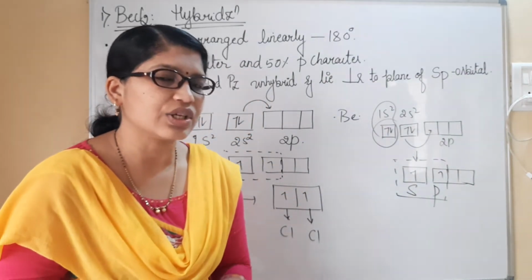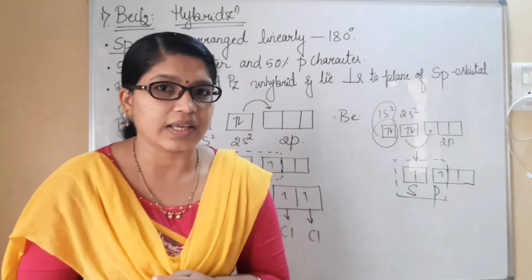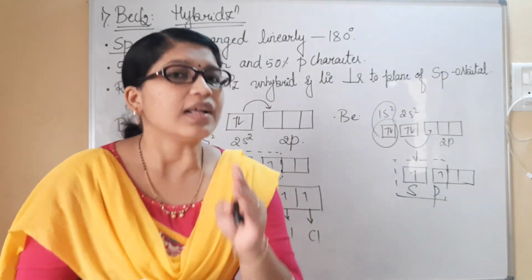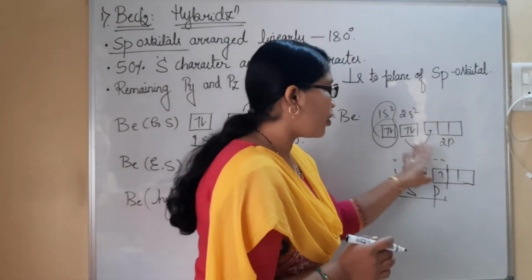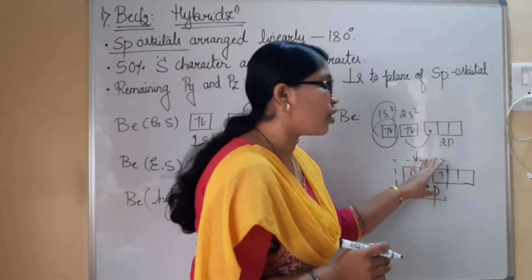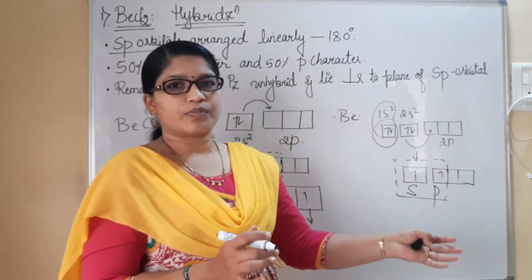What is hybridization? Intermixing of atomic orbitals. What are the atomic orbitals we are intermixing here? We are intermixing the s orbital and p orbital. This s atomic orbital intermixes with the p orbital, and they will arrange in such a manner that sp is formed.